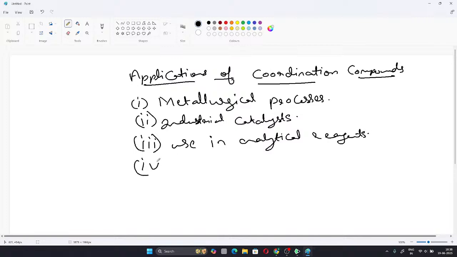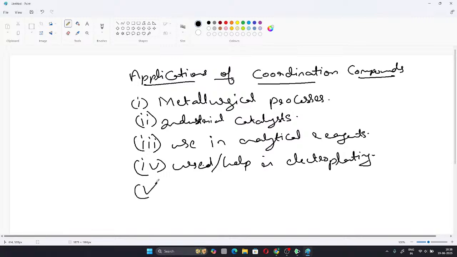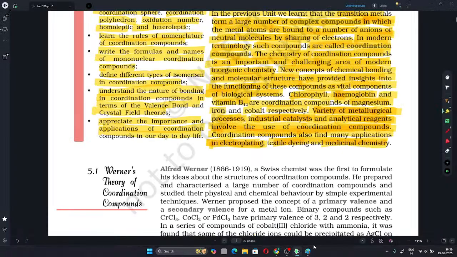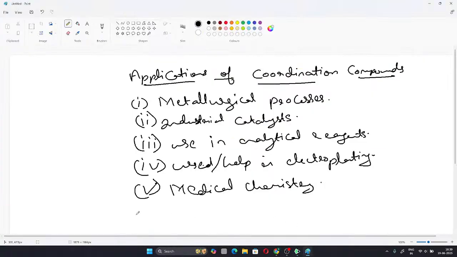Fourth use, help in electroplating, medical chemistry, textile dyeing or textile industry.